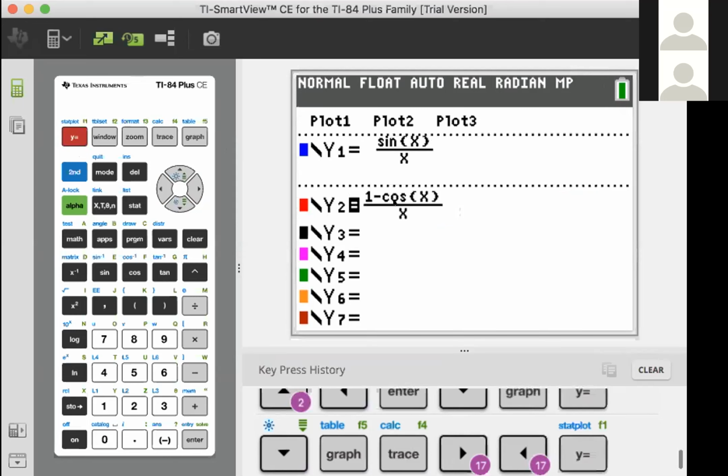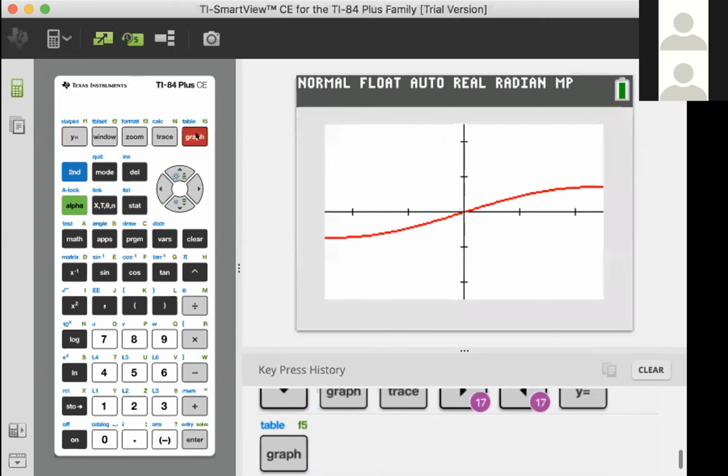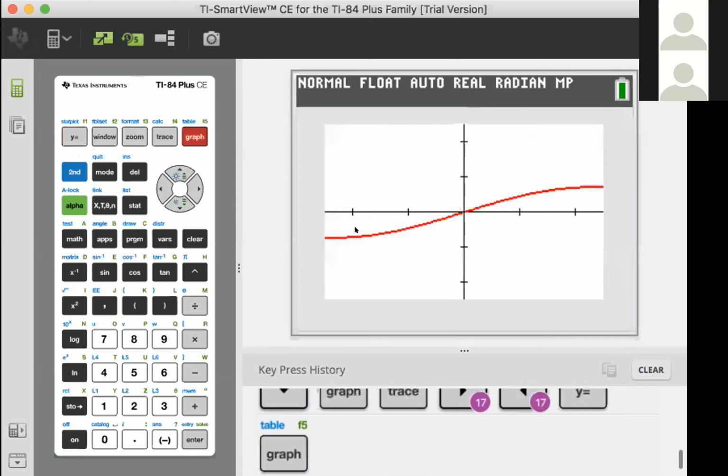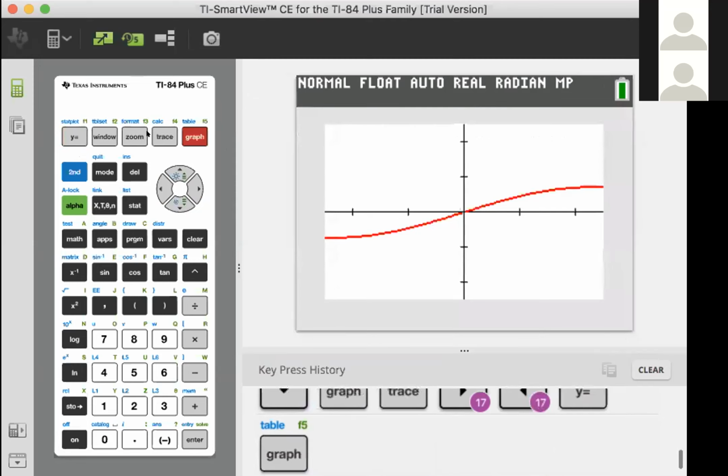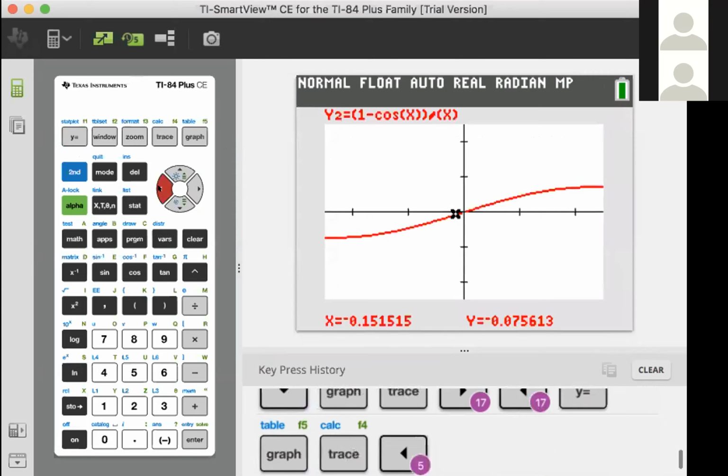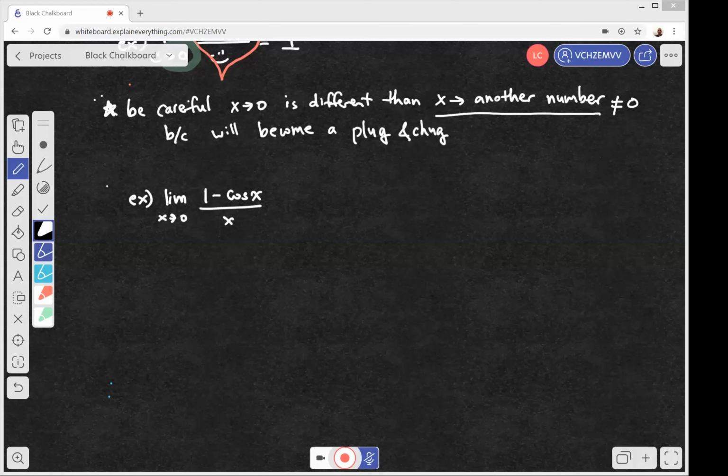Because the denominator would be undefined. So that's the big idea here. You're seeing the limit graphically from the left. Trace feature, there it is. From the right side, you're also approaching that same value. As you get close to 0, you're also approaching the y value of 0. So that's the big idea. Let's go back to our blackboard. All right, so we saw in this example that we approached the y value of 0.